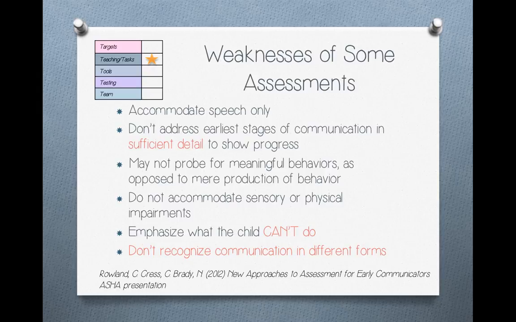So the first one is lack of sufficient detail. The measurement tools are just not matching where the student's abilities are, and so we're missing a lot of information when we apply those tools, and that also lends itself to focusing on what the student can't do because you're not getting a good picture.